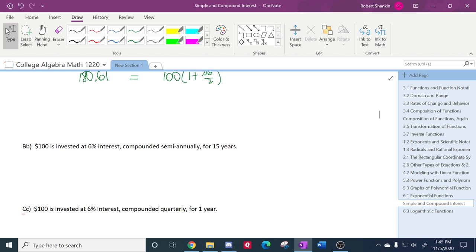Okay, group 4, what did you get for B? I got $242.73. What was the expression? How did you come up with it? So you get 6% divided by 2 to make it half, and then you would do that to the 15th power, I think. And you raise this to the 15th power, and put the 1 in front of it.